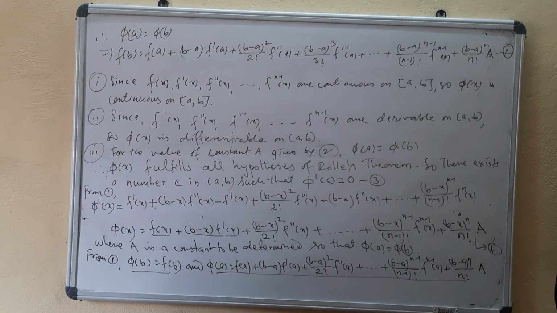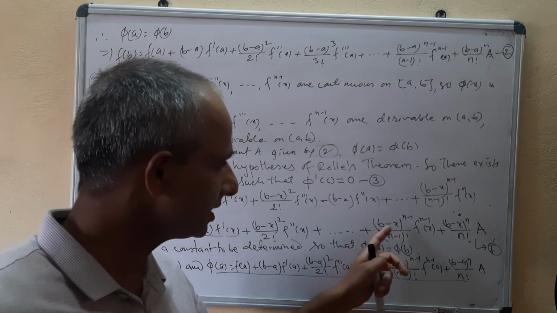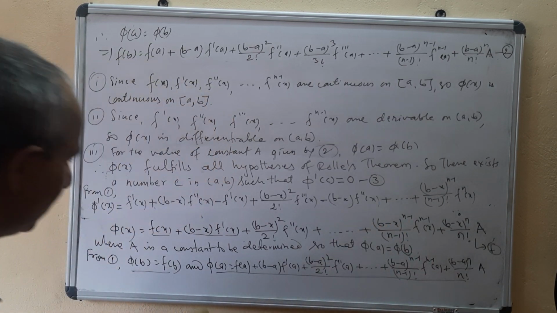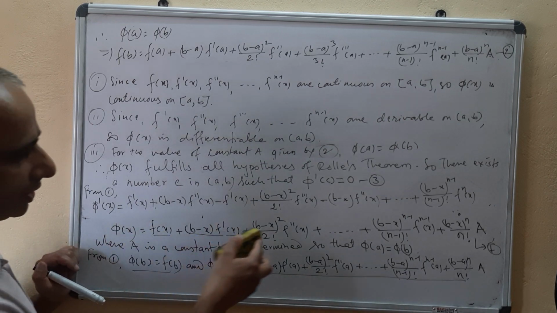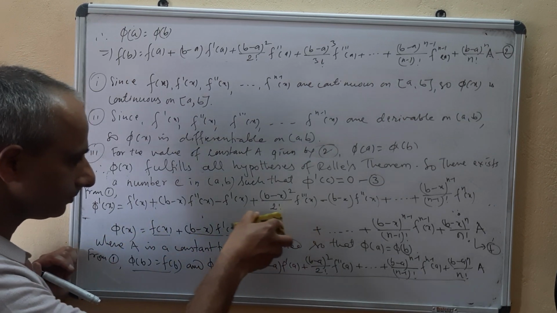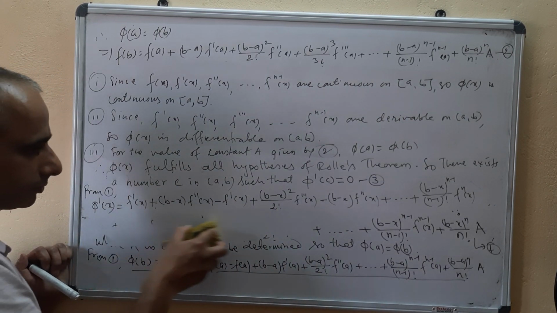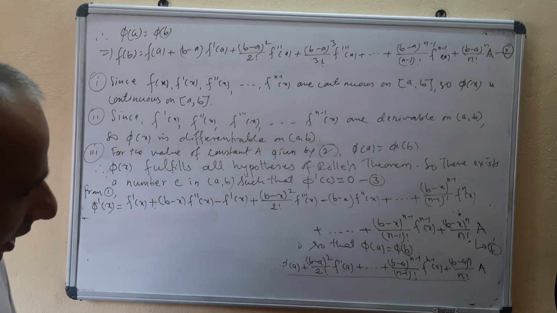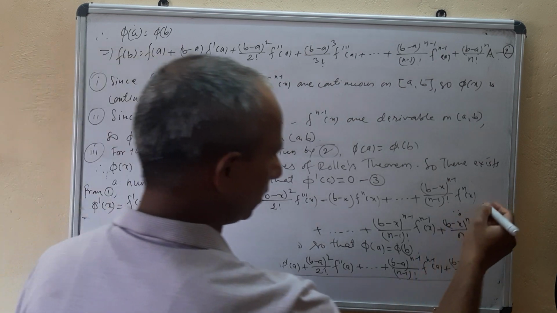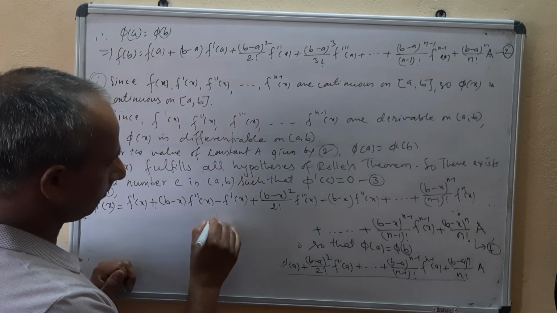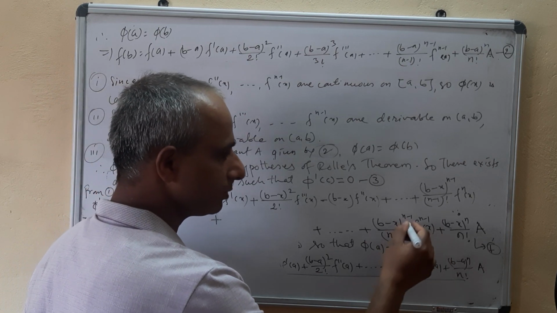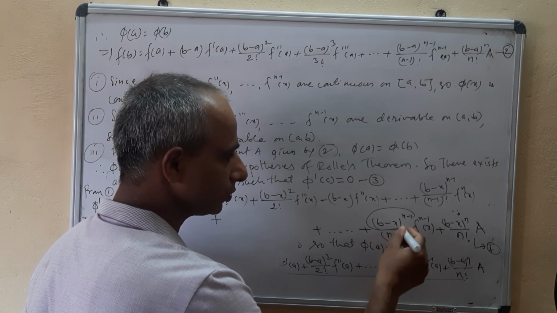And now for the next term, we have to differentiate b minus x whole power n minus 1. Plus, now the next term means I have to differentiate this b minus x whole power n minus 1.